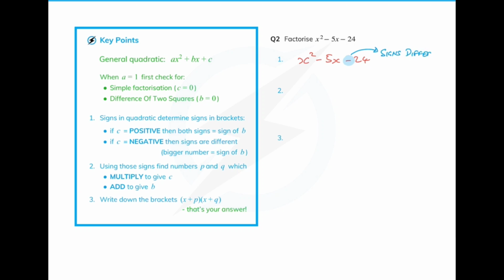Okay, so we're going to have a plus and a minus. And the other sign, this one, we can say that the bigger number of our two numbers will be negative. And so that's what the signs tell us. So we know we're going to get x plus something and x minus something, and the bigger of the two numbers will be the minus one.